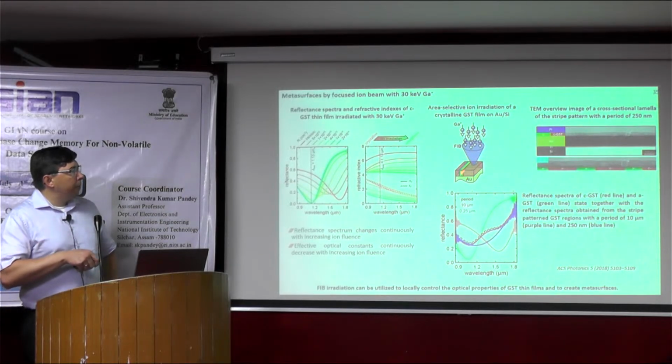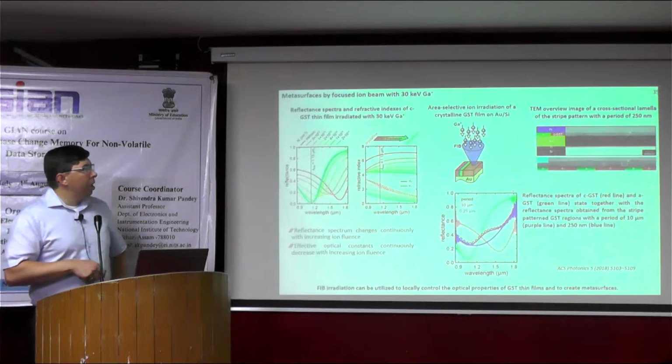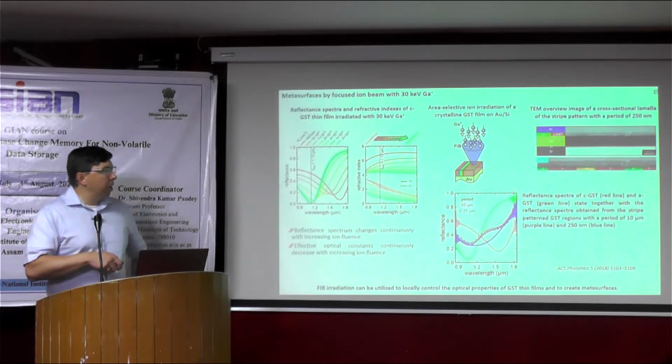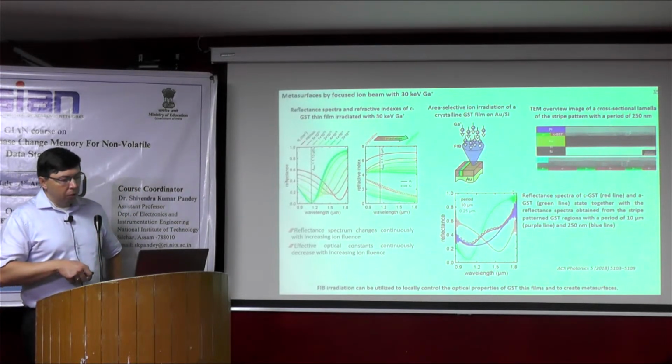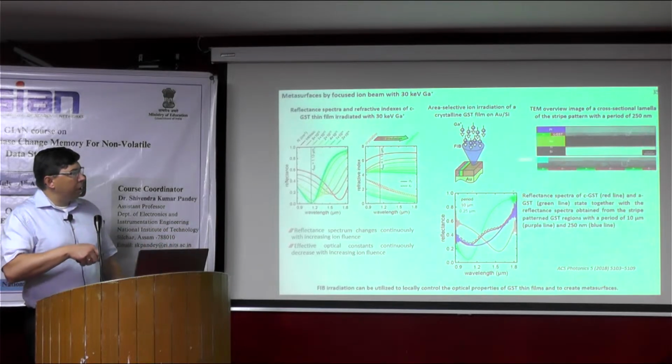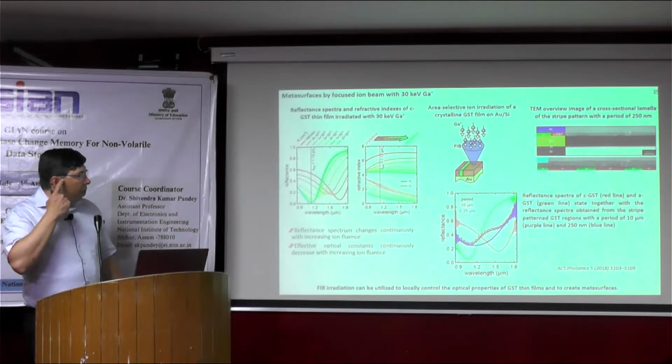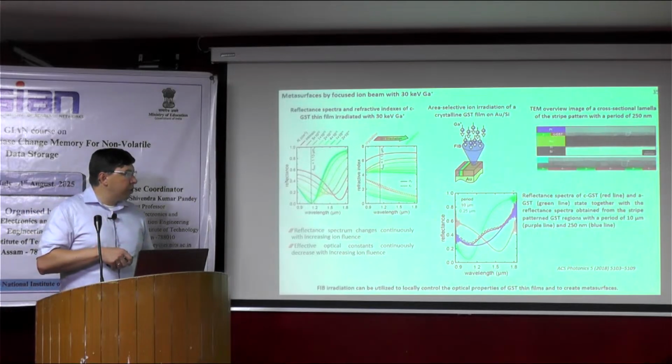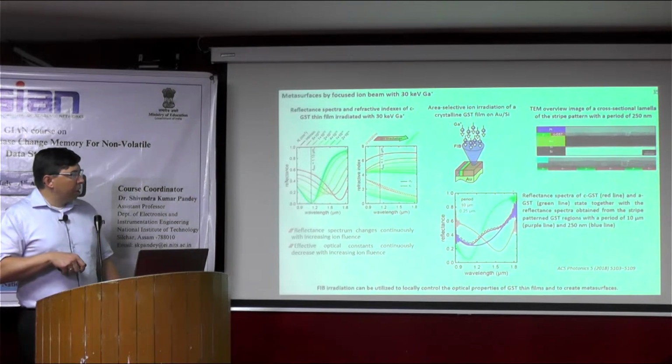And this is the top view. This is the cross-section, crystalline, amorphous. You can create a two-dimensional pattern of structures, arranged in a planar way here. And this leads to a change of optical properties, as shown here.